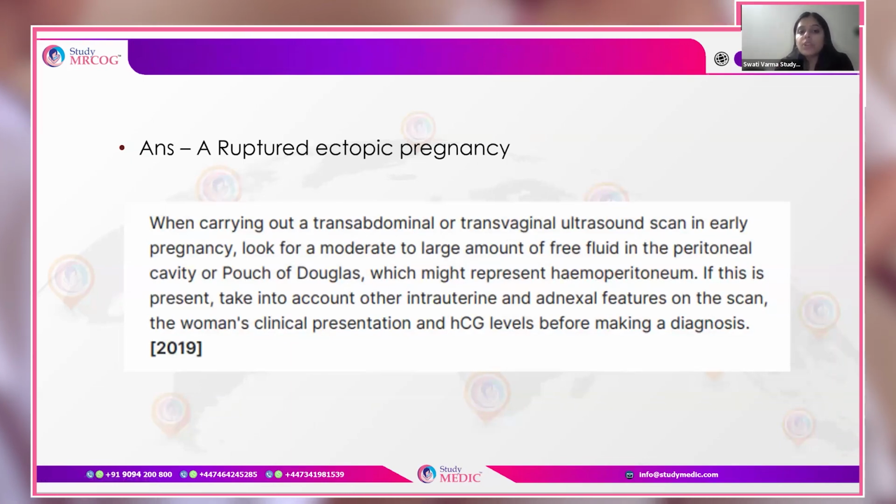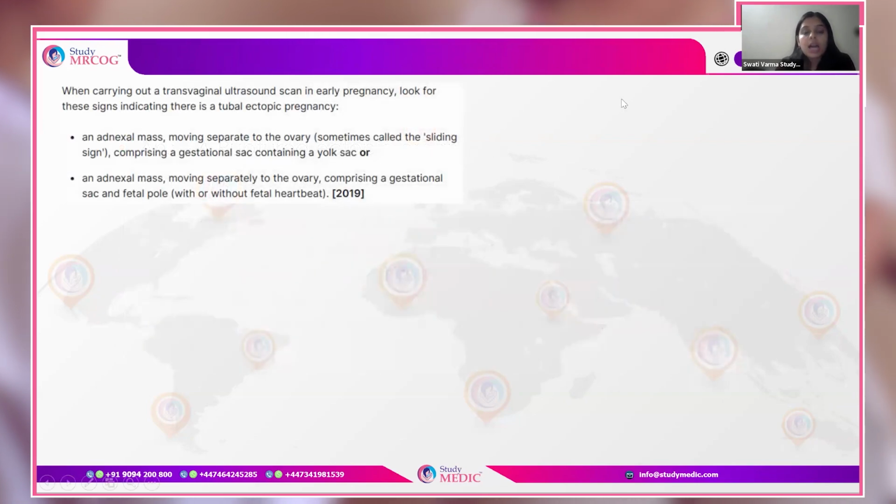So when carrying out a transabdominal or transvaginal scan in early pregnancy, look for a moderate to large amount of free fluid, which might represent hemoperitoneum. If we look at the other findings usually found in ectopic, the most common finding is an adnexal mass. It will move separately to the ovary. That is the sliding sign.